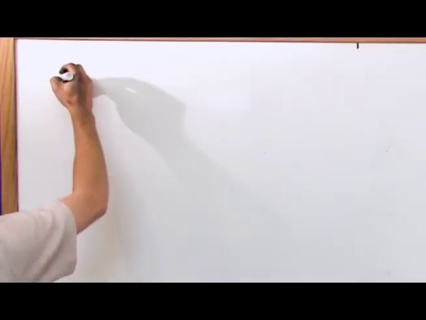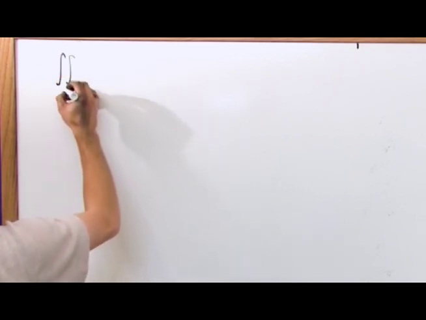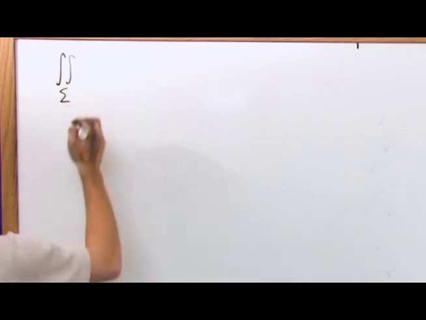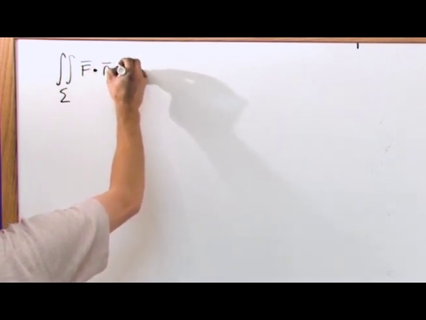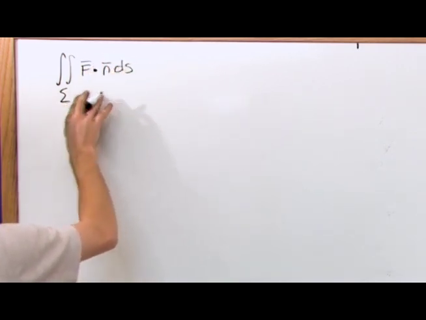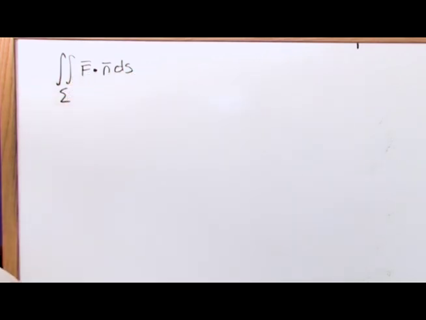Okay, so the problem that we're going to do is the integral over the surface sigma, which we'll talk about in a minute, of F dotted with a normal vector dS. So we're integrating this vector field dotted with the normal vector going out.